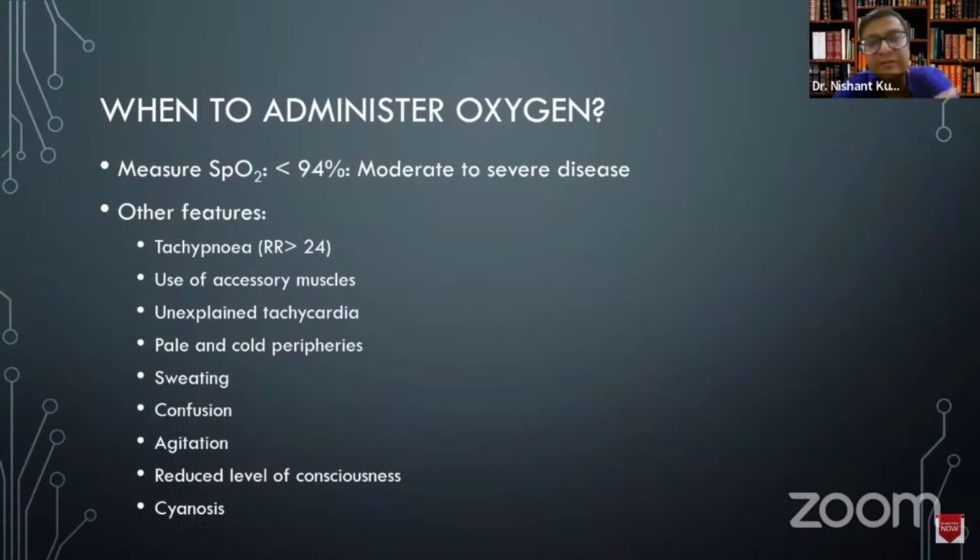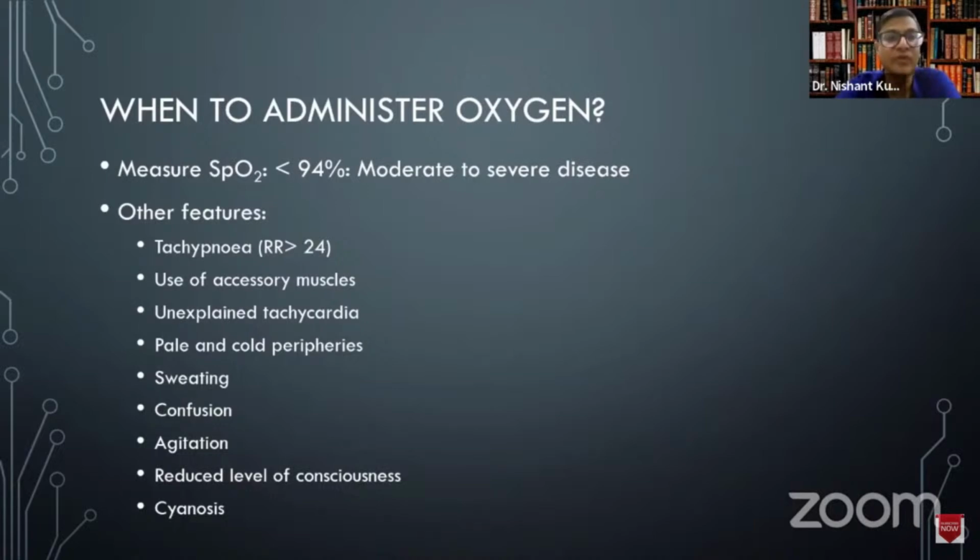So at 94 to 97%, yes, there is some limitation, but that can still be managed and oxygen may not be necessary. But usually with less than 94%, we say that oxygen is better administered. And anything less than 92 or 90%, you have to administer oxygen.